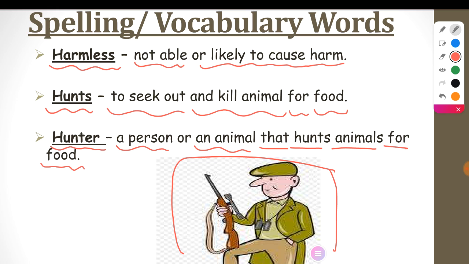It can also attack humans. And also, as I told you, there are animals in the jungle or in the wild that hunt other animals as their food, like tigers and lions. Those are the wild and dangerous animals that hunt their own kind of animals for food.